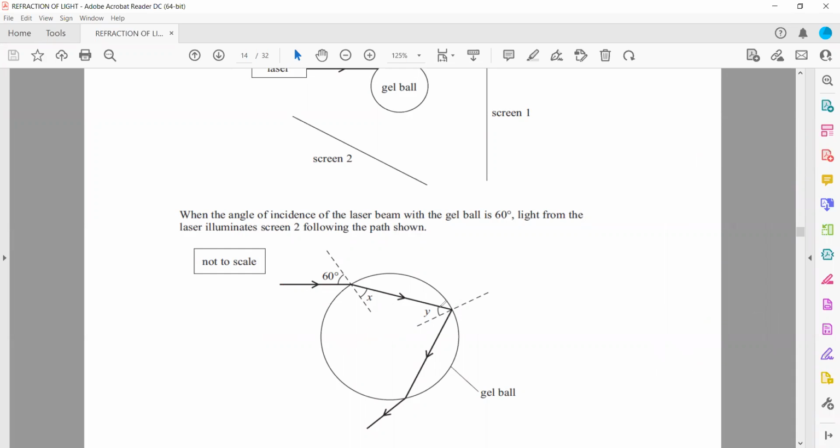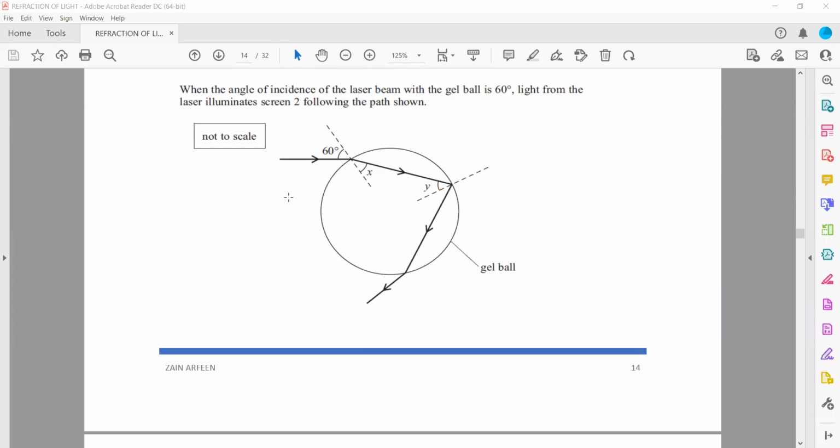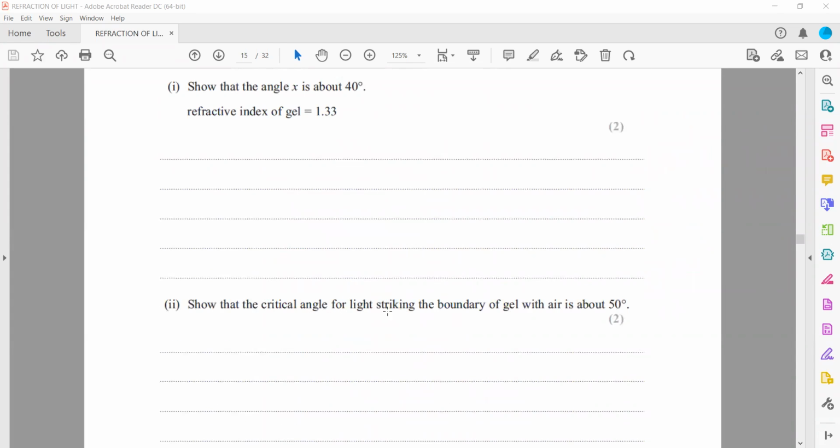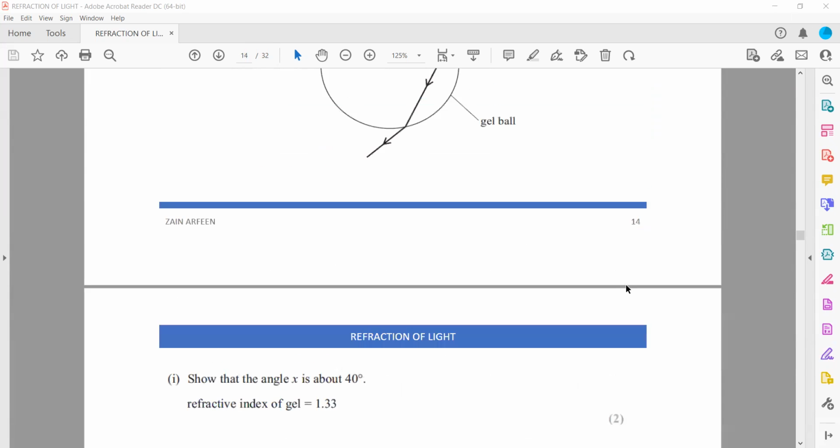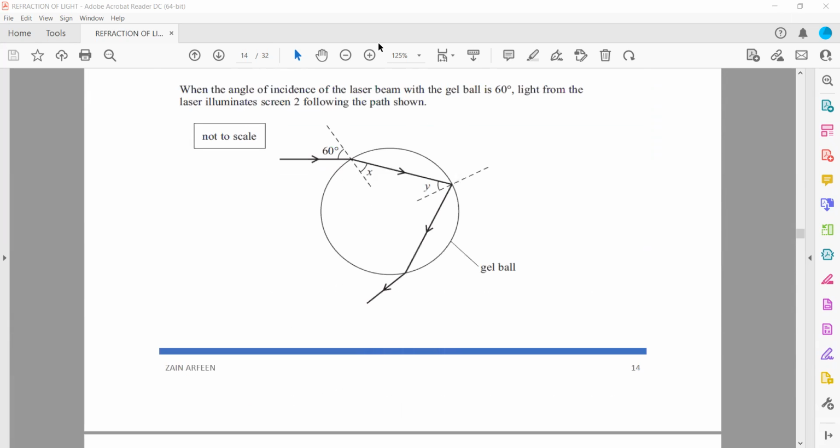Then how do we work out the value for y? Not y, we want the critical angle. We want to show that the critical angle for light striking a gel with air is about 50. If the light strikes from a denser to a rarer boundary at the critical angle, the angle of refraction will be 90. And again, we use the formula n1 sine theta 1 equals n2 sine theta 2. Now it is moving from gel to air.